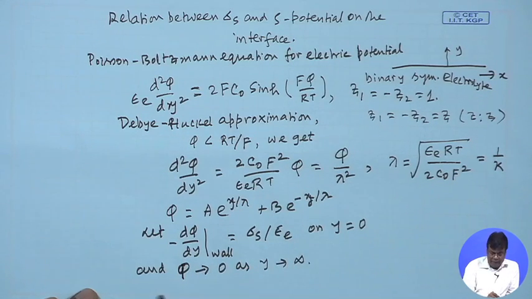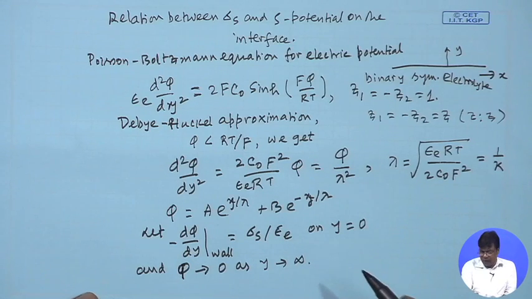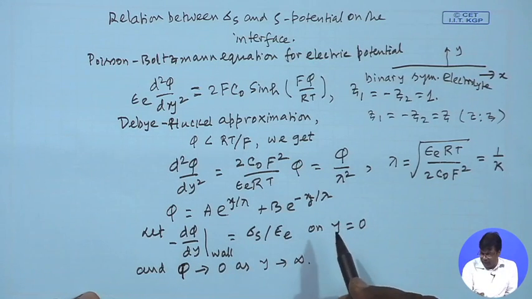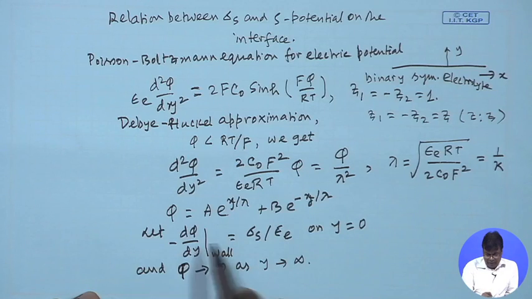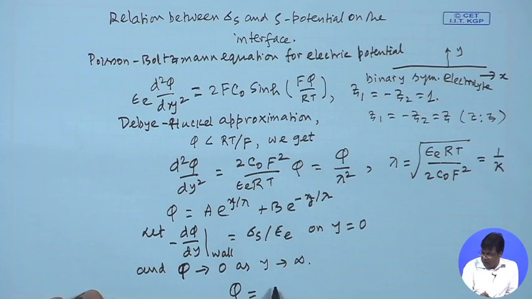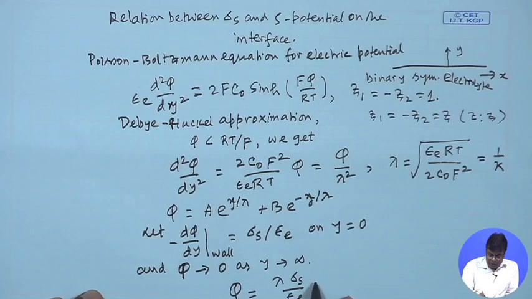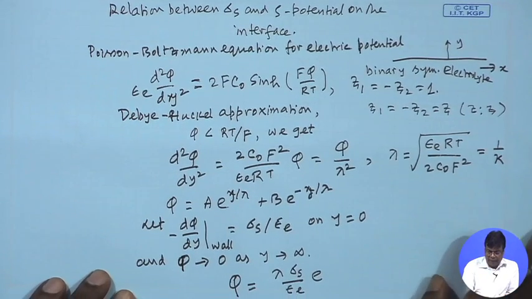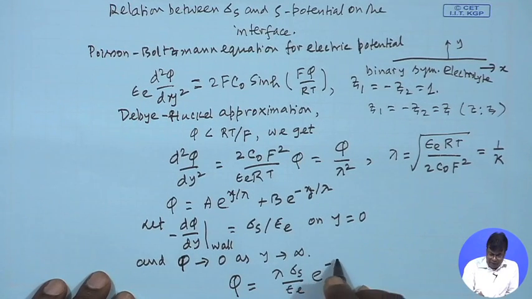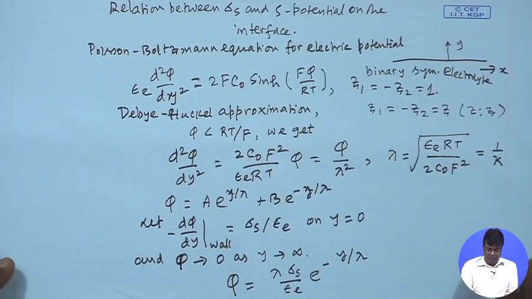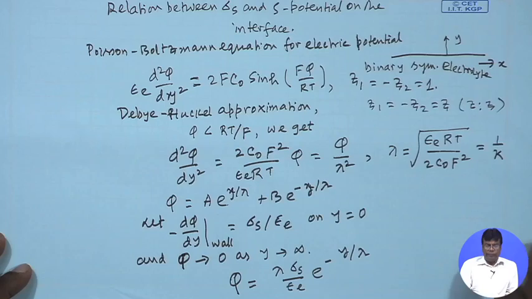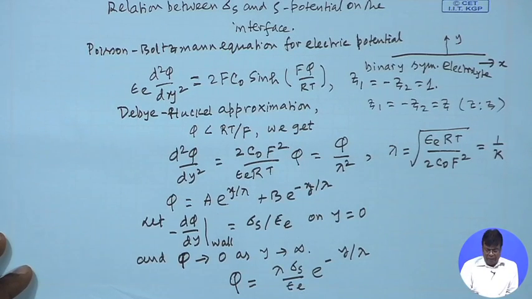In that case, a is straight away 0, and if I take the derivative, b comes out so that the solution becomes phi equal to lambda sigma s by epsilon E e to the power minus y by lambda.